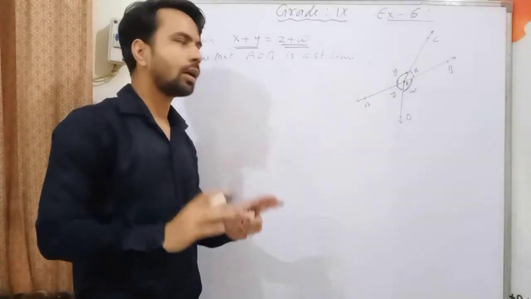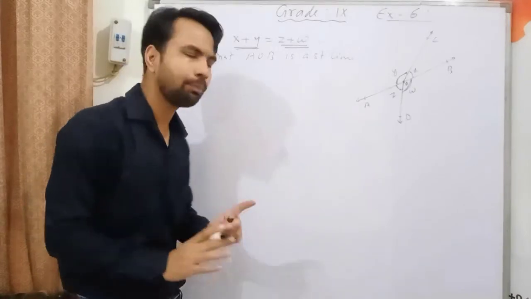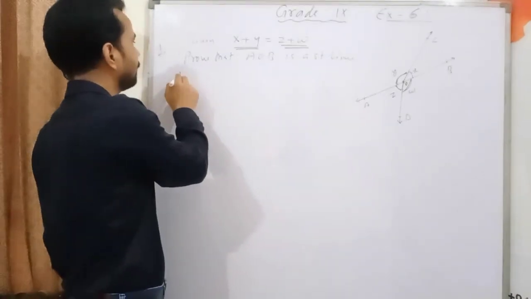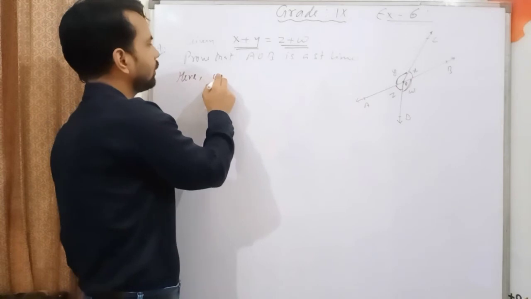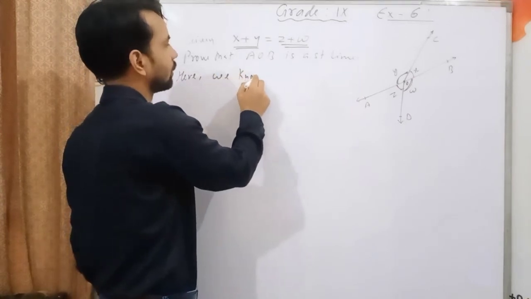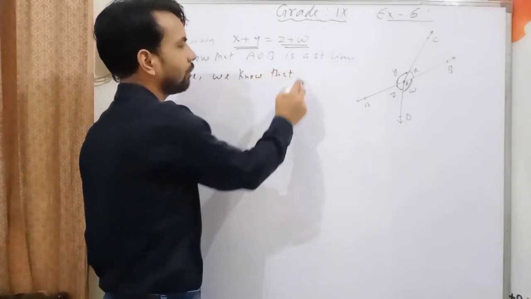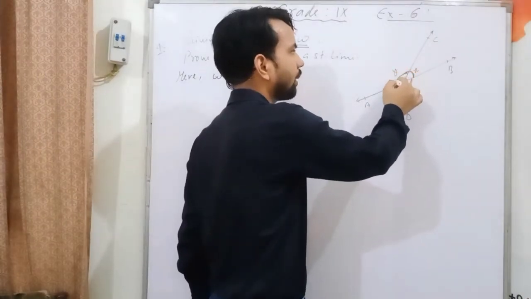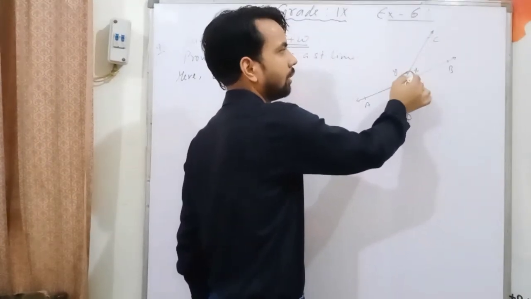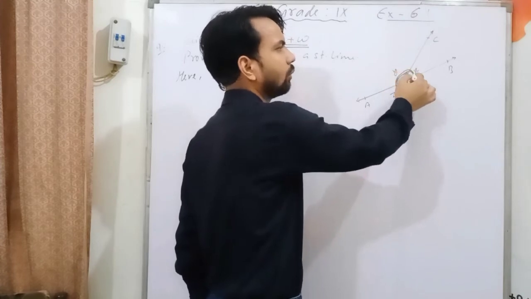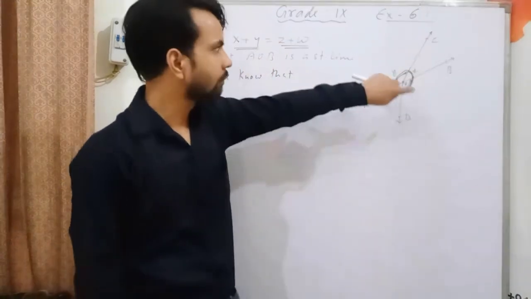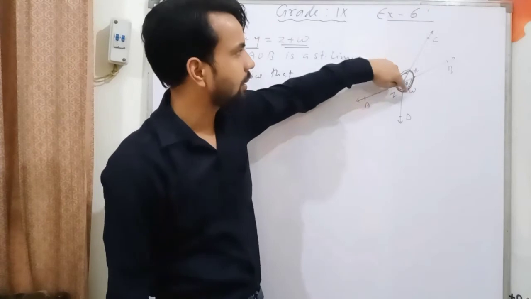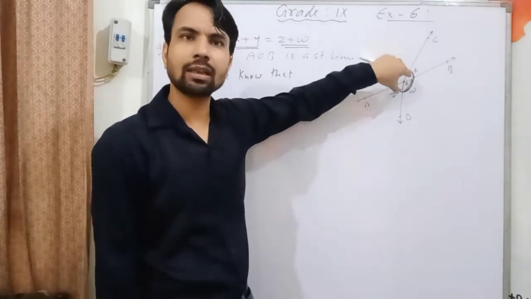So the proof of this question is very simple. So pay attention here. Here we know that if we add x plus y plus z plus w, अगर मैं इन चारों एंगल्स को ऐड कर लूं तो एक सर्कल कंप्लीट हो रहा है. x plus y plus z plus w, they form a circle.